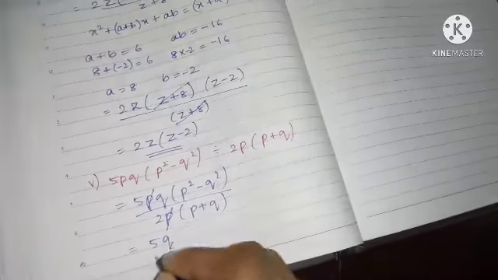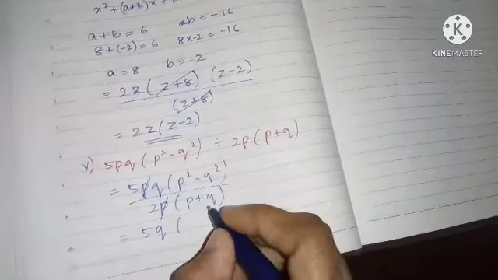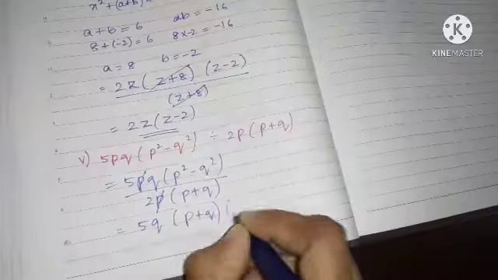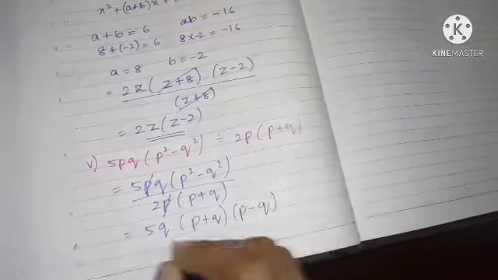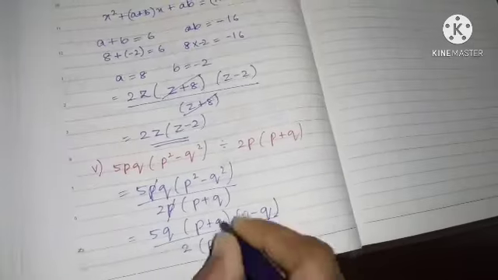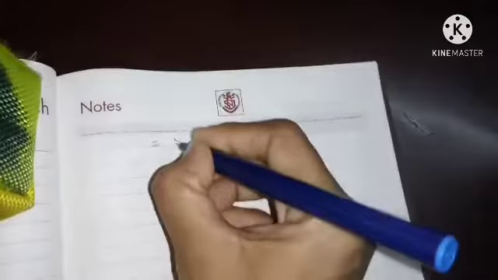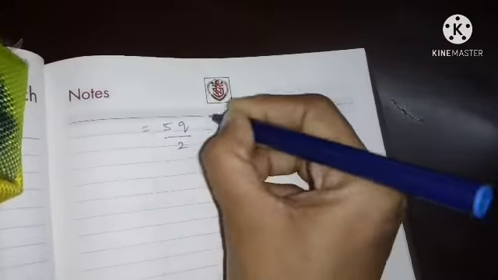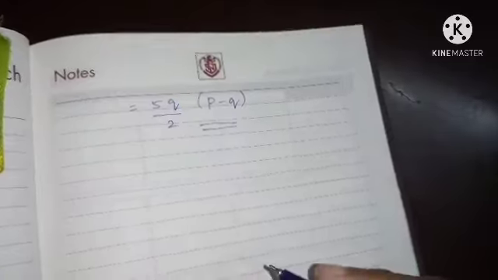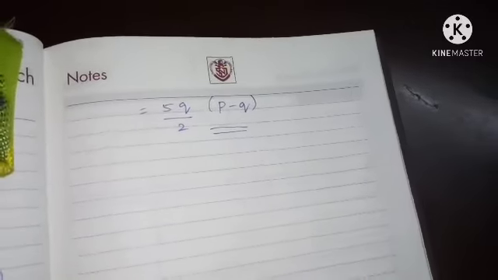So 5q of p square minus q square, which looks like a square minus b square, a plus b into a minus b, divided by 2 into p plus q. P plus q cancels. So what is the answer? 5q by 2 into p minus q.